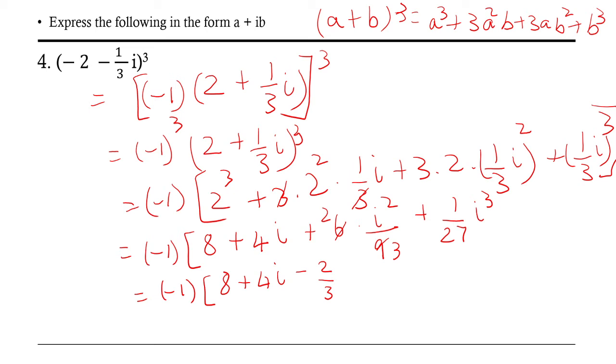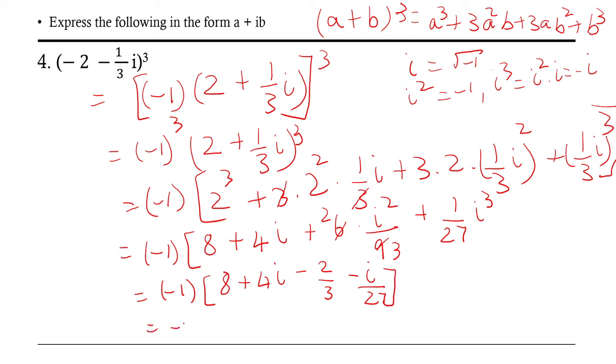And here i³ is nothing but -i. So -i by 27, because i is the square root of -1, i² is -1, and i³ is i² into i, which is equal to -i.